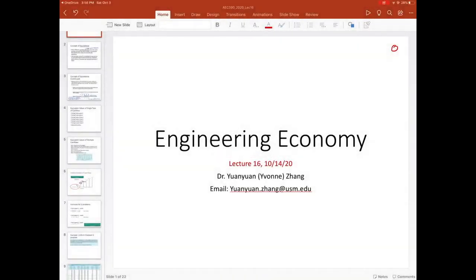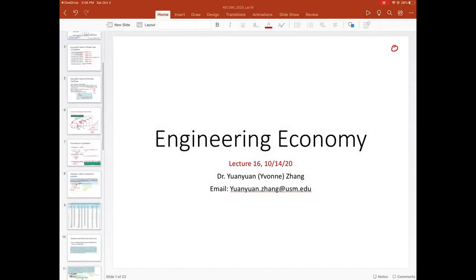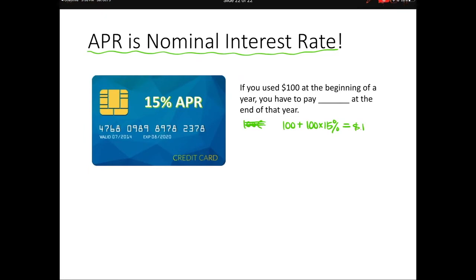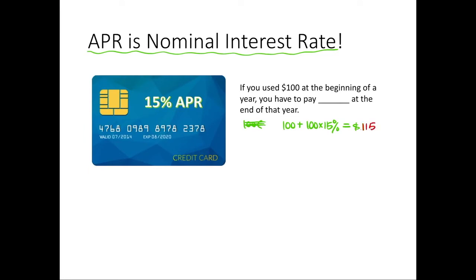That's going to be 115 US dollars. If you haven't learned this class, that's probably your answer. But actually, it's not 115. If you try it with your credit card company, it's definitely not 115. So what exactly is the amount you need to pay back after 1 year?